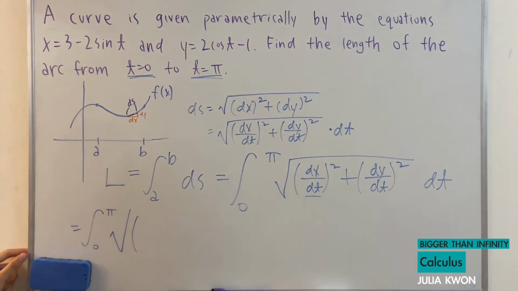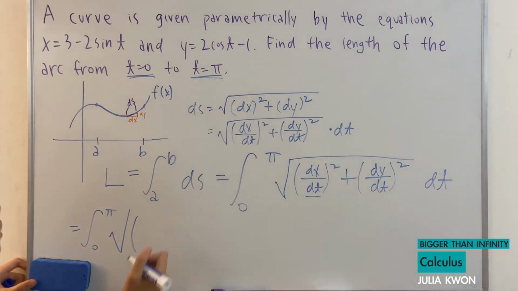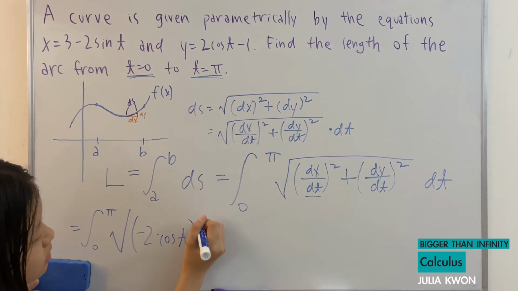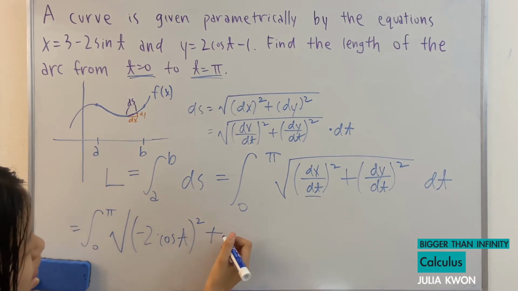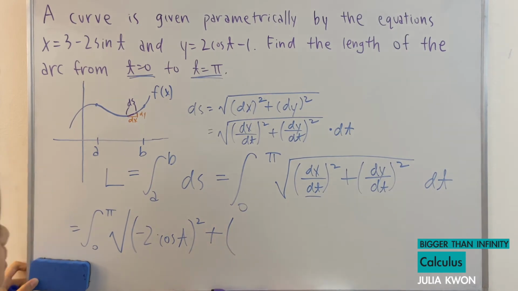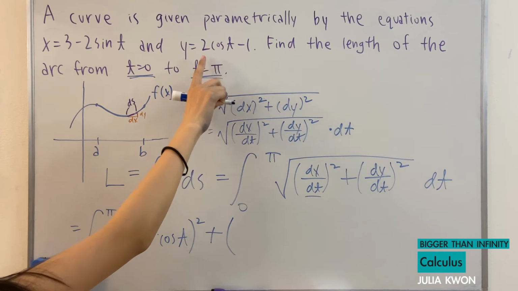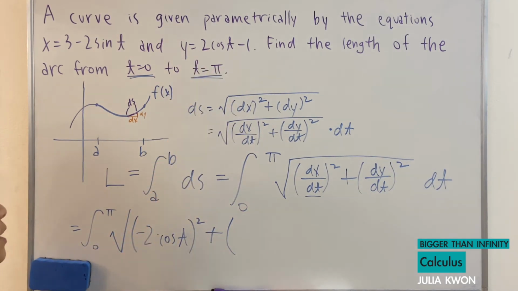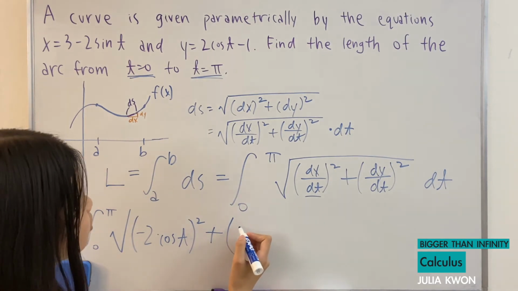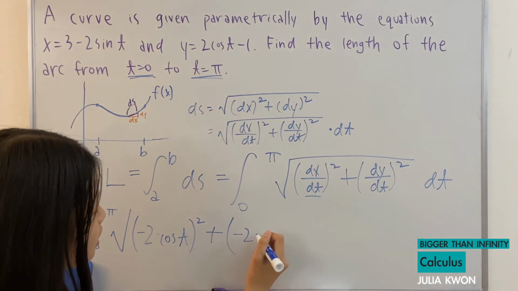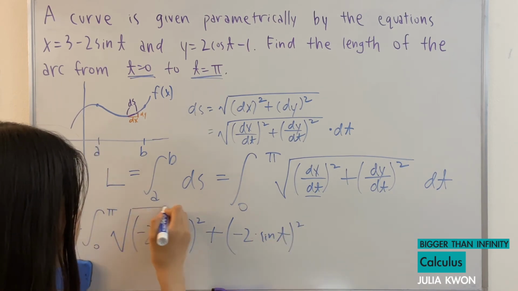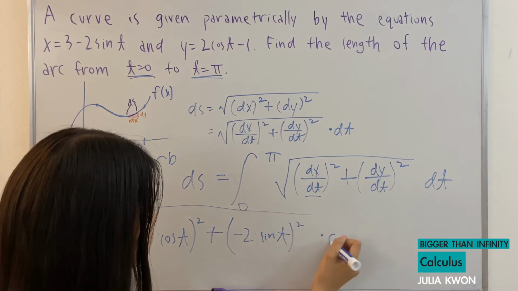If we take the derivative of that, we would have negative 2 times cosine t, squared, and add dy divided by dt, which we just have to take the derivative of this equation. y is equal to 2 times cosine t minus 1. If we take the derivative of that, we have negative 2 times sine t. We square that, and we multiply by dt.